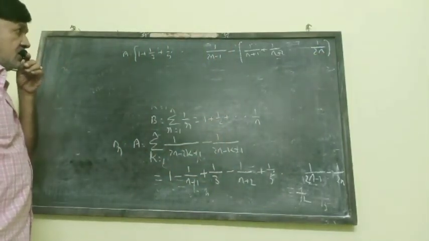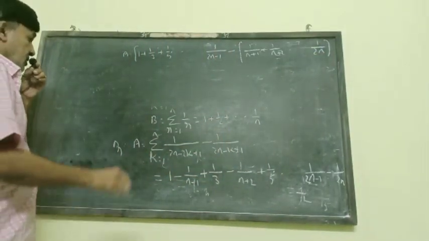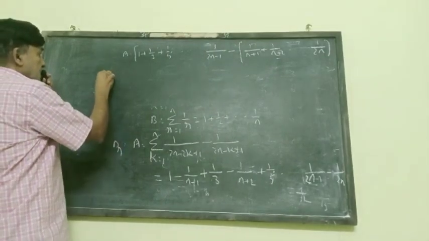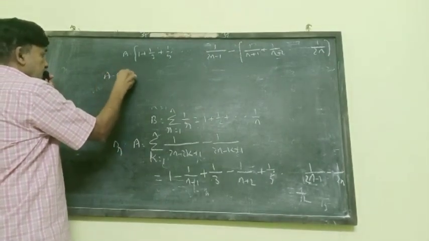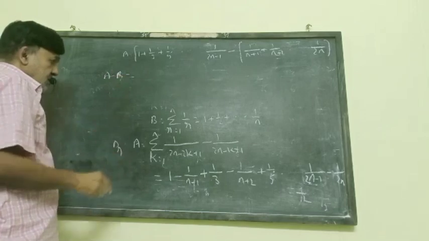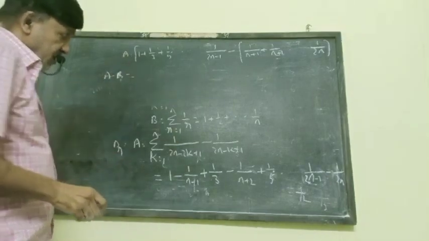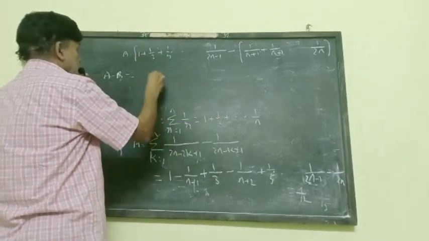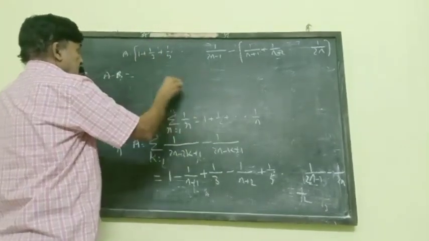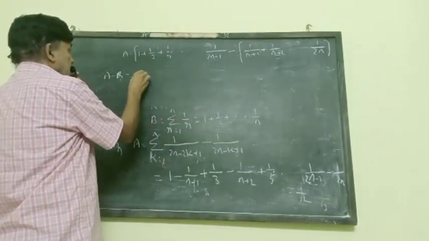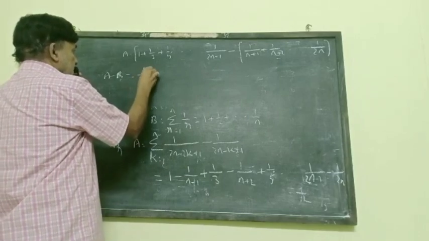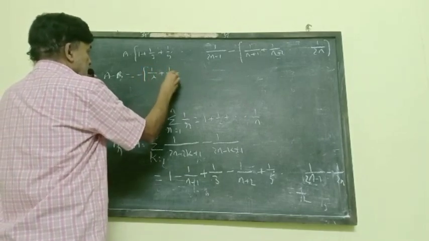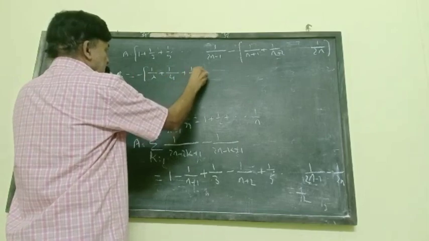A and B are like this. You consider A minus B. 1 will go, 1 by 3 will go, and we will be getting minus 1 by 2. So I shall write like this, minus of 1 by 2, 1 by 4, 1 by 6.